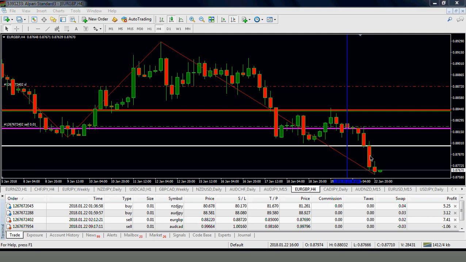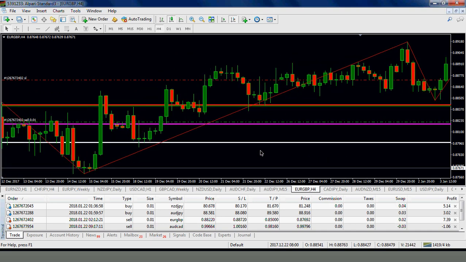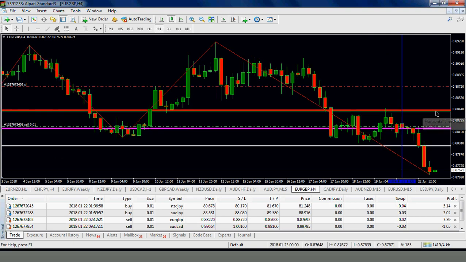I'll get the pivot point of 4 hour, which is 0.8803 plus 0.8766 plus 0.8771. Okay, so we have this as our pivot on 4 hour.